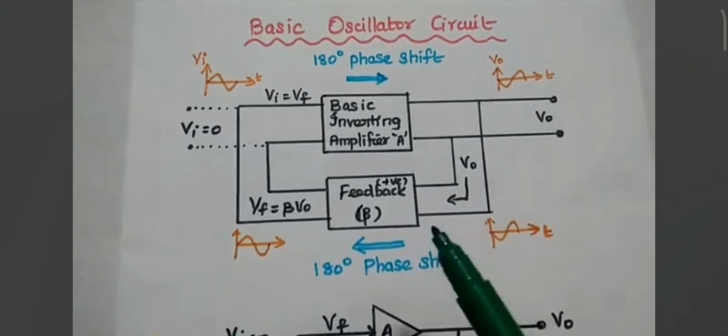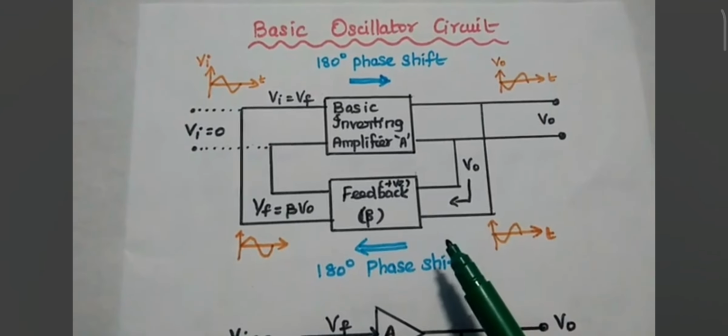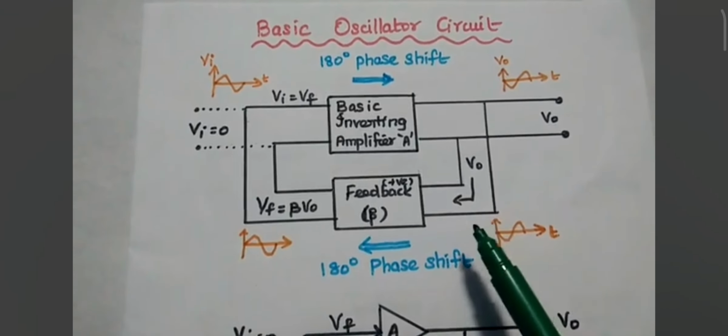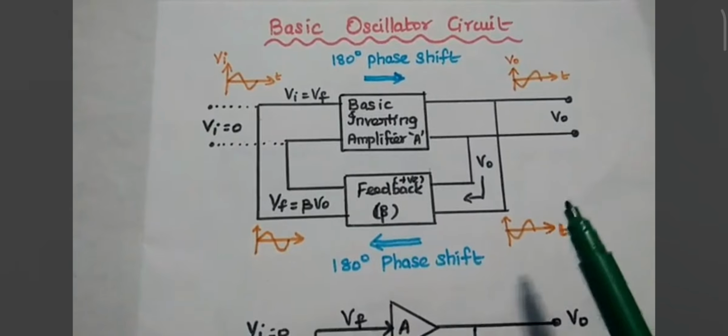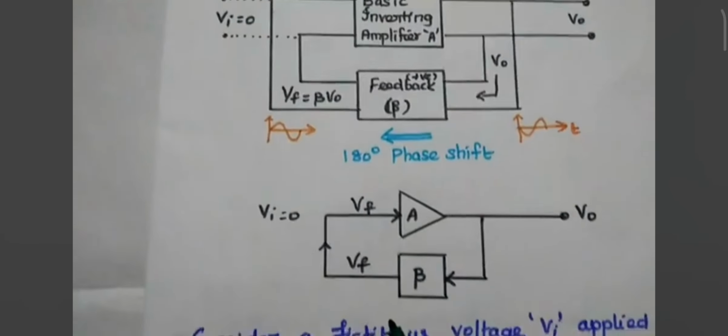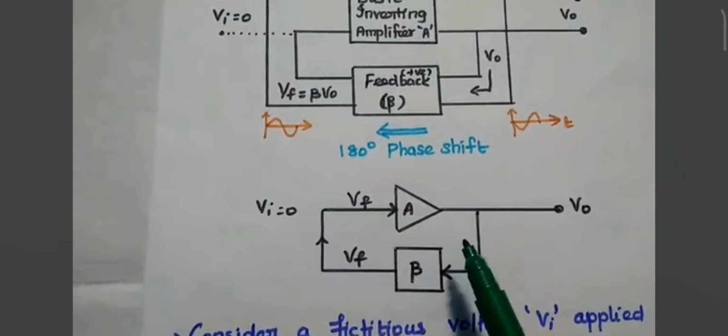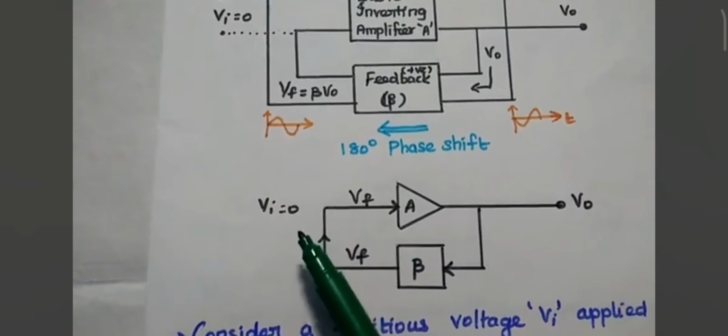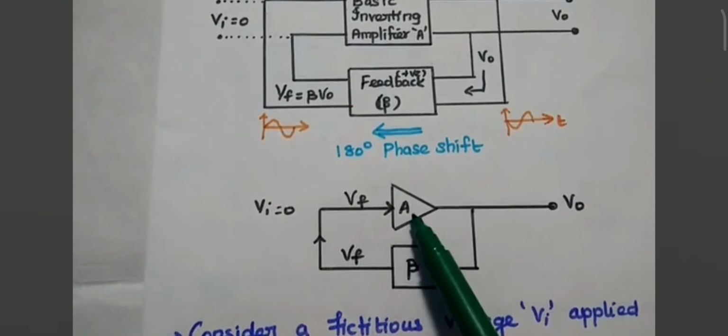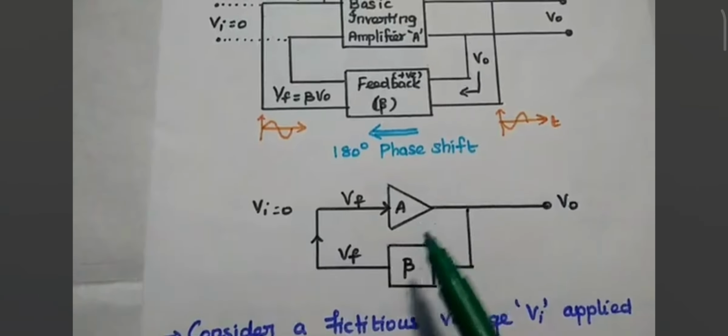Next, the feedback is adjusted so that the loop gain A beta is equal to 1. Do you all understand this diagram? This is the simplified diagram. Here we are not giving any input signal. The feedback signal drives the amplifier.